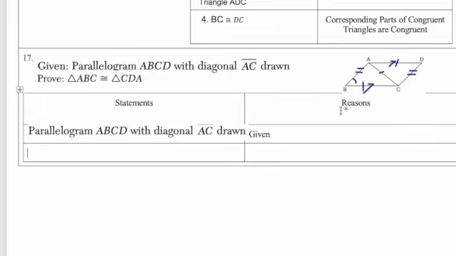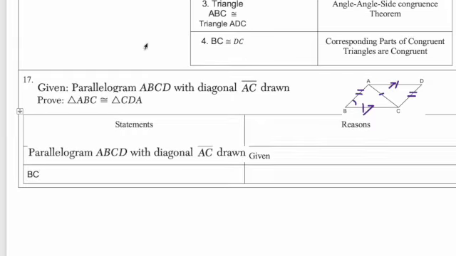Okay, so because that's given, we can say BC is congruent to AD, and we can also say AB is congruent to CD, or DC.